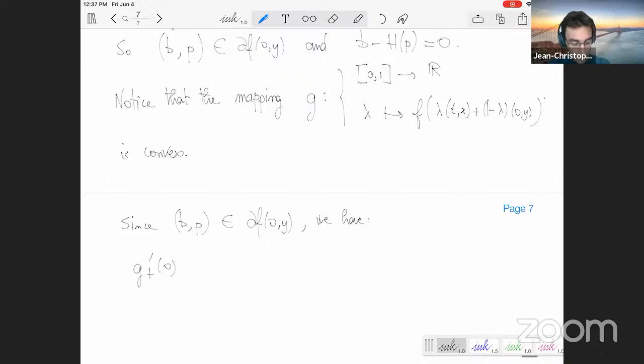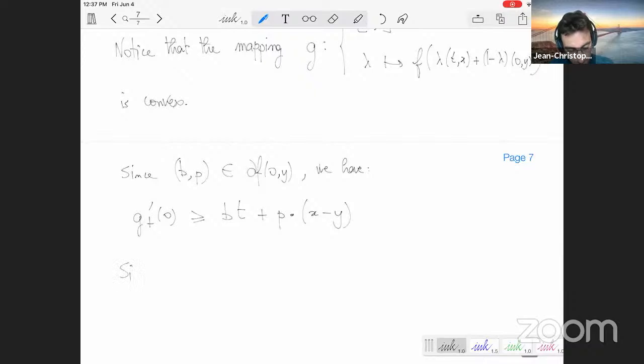I'll let you verify this, but we're going to get that this is larger than b times t plus p scalar (x minus y). When I differentiate this object in lambda, I will get some derivatives in t and in x. It's just a simple computation of the derivative.